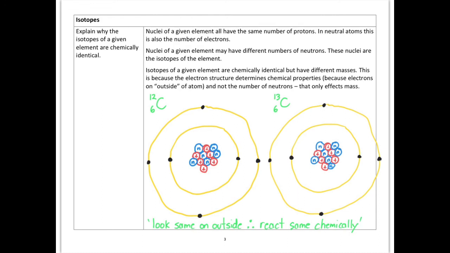Now, do you know how sometimes people say it's what's on the inside that counts, it's not what you look like on the outside? Well, sorry, but with atoms, at least in this context, it's what's on the outside that matters.